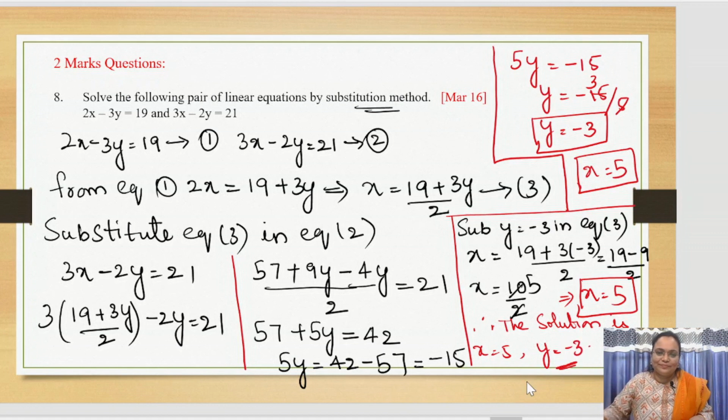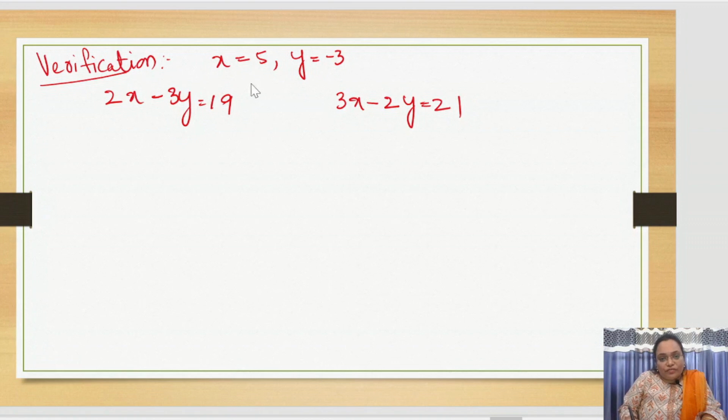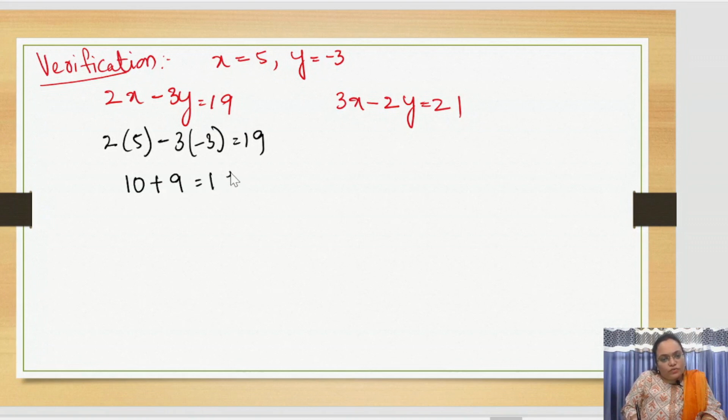Okay. So how do you do the verification? We will substitute the values of x and y in both the equations such that it satisfies both the equations on both the sides. So 2 into 5 minus 3 into minus 3 is equal to 19. So 10 minus of minus is plus 9 is equal to 19.